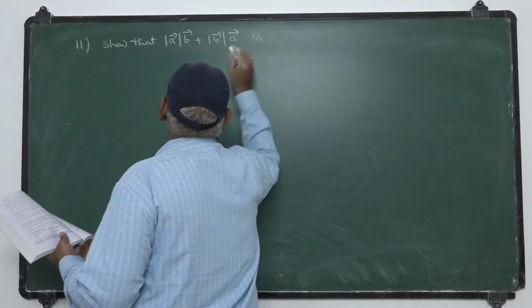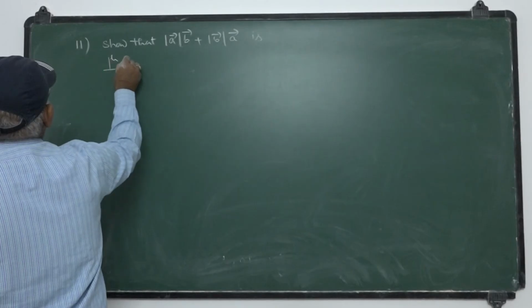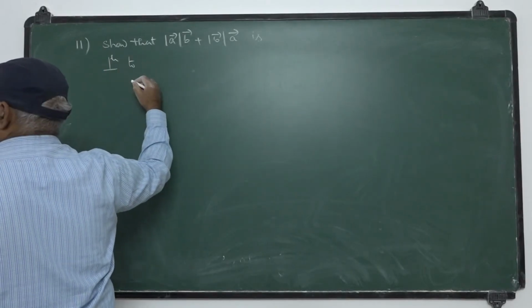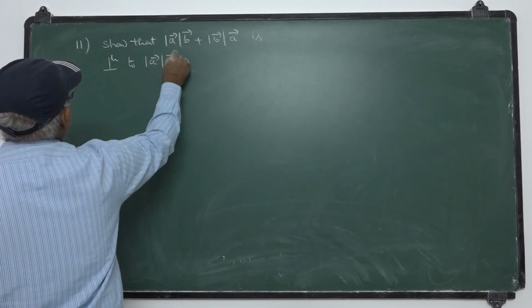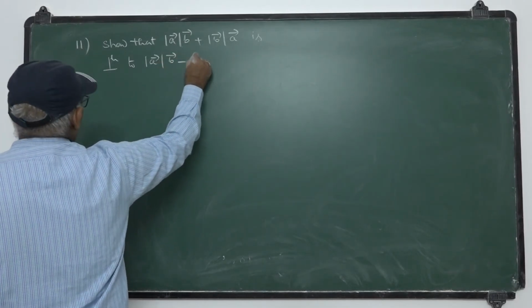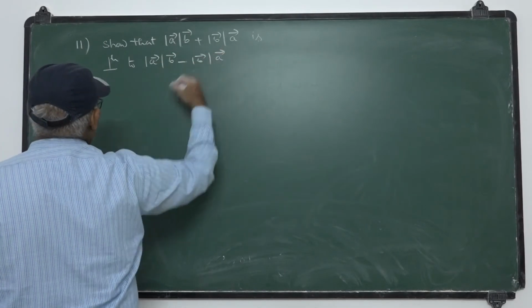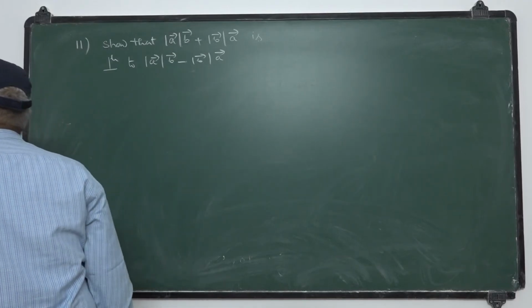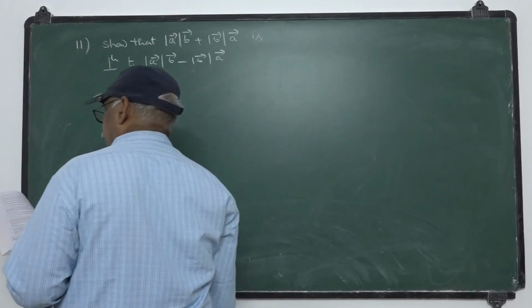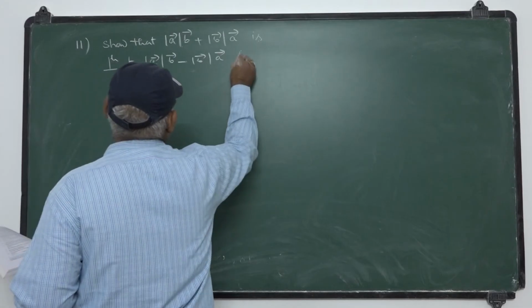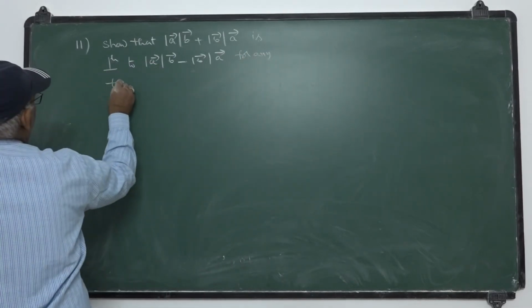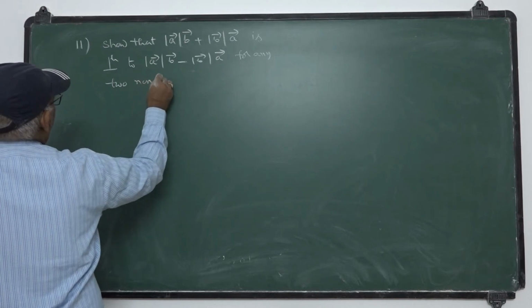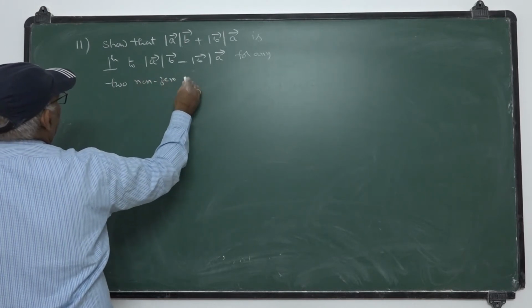Is perpendicular to mod A bar multiplied by B bar minus mod B bar multiplied by A bar, for any two non-zero vectors A bar and B bar.